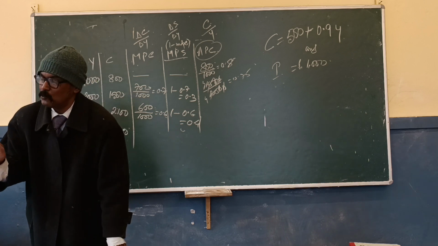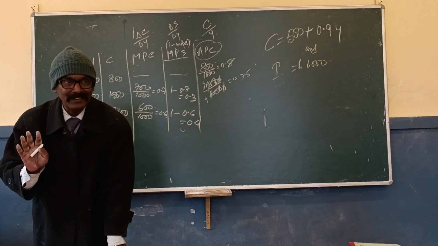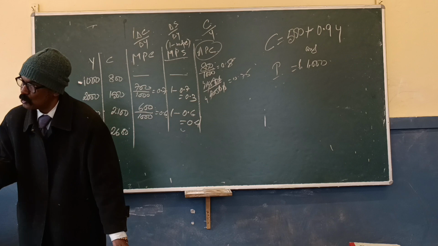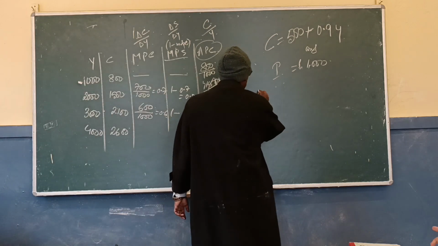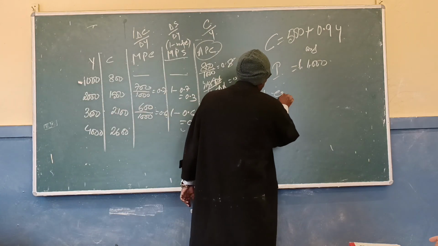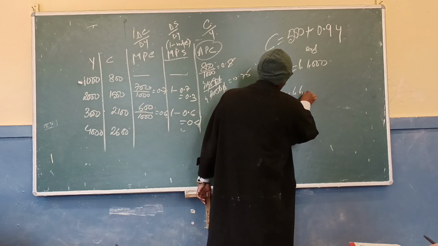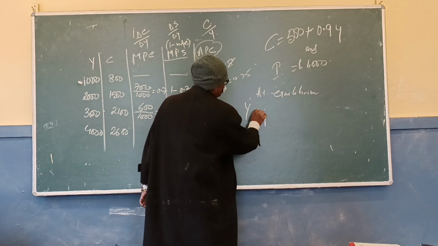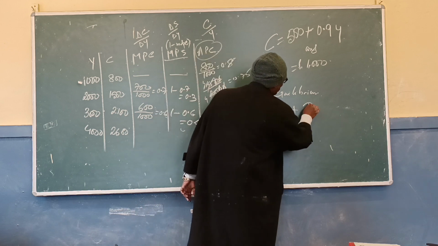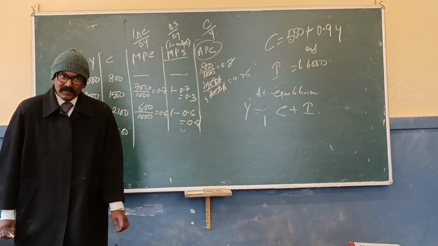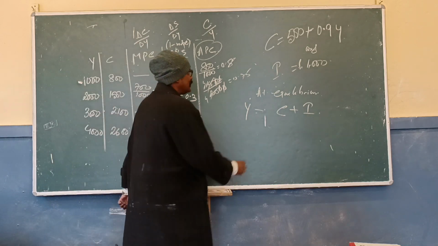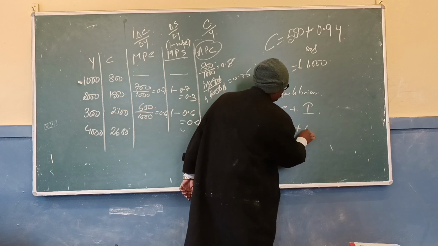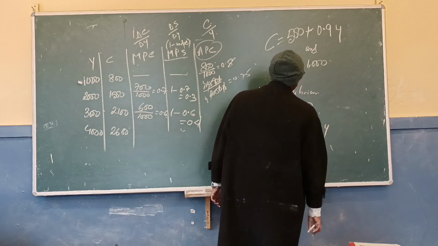Equilibrium national income will take place when the aggregate demand is equal to aggregate supply. Isn't it? Yes or no? Yes, sir. So at equilibrium, I will write: Y is equal to C plus I. What is the value of C? 500 plus 0.9Y.